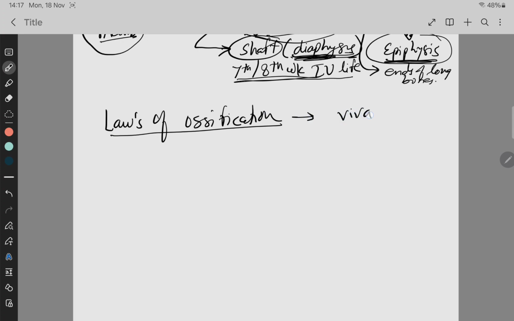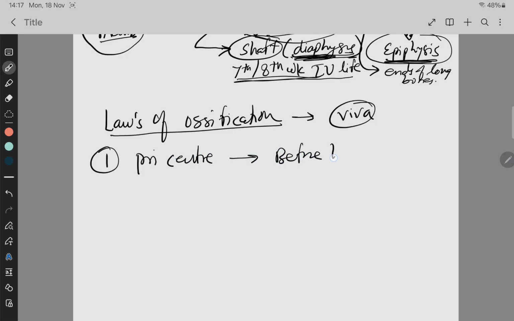It is also asked in the viva many times. So first law of ossification: the primary center of ossification appears before birth and is usually single.